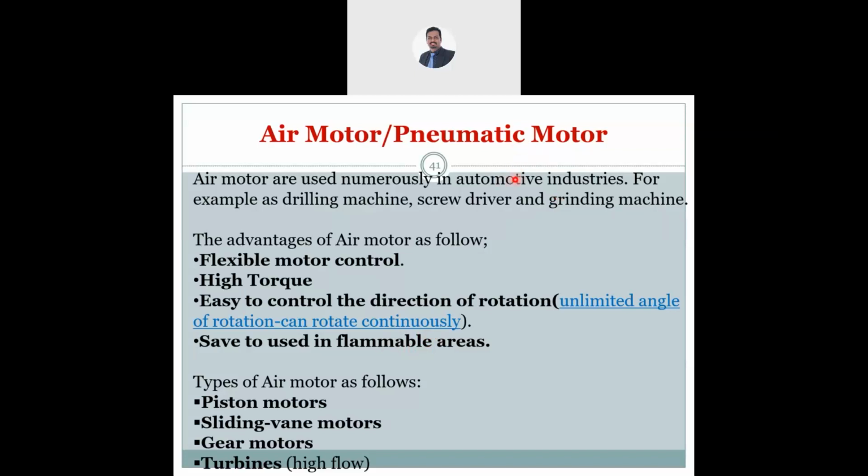Okay, like in automotive industries, you always will see oil everywhere. So it's considered a flammable area. So it's safe to use air motors or pneumatic motors. Okay, so the types of air motor you can use are piston motors, sliding vane motors, gear motors or turbines.